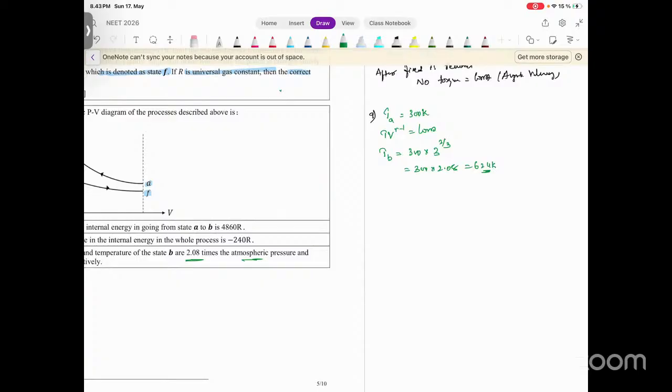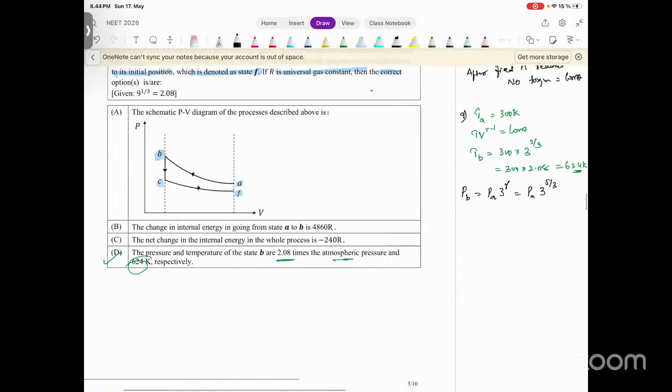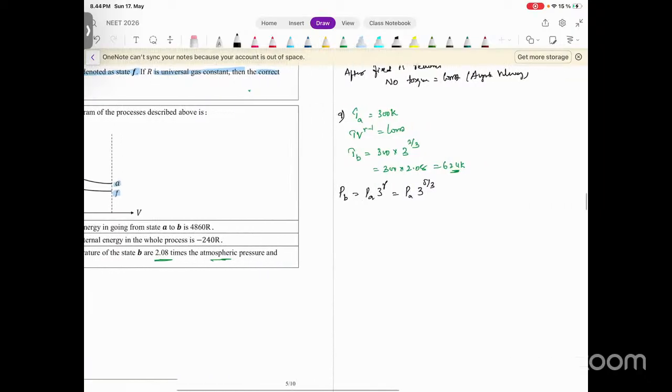The next one. Pressure at point B is equal to pressure at A times 3 to the power of gamma, that is pressure at A times 3 to the power of 5 by 3. What pressure is it saying there? Pressure at B is 2.08. So partially I'm not getting this one.